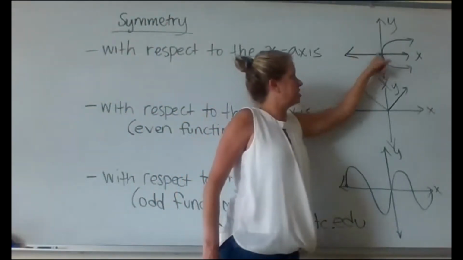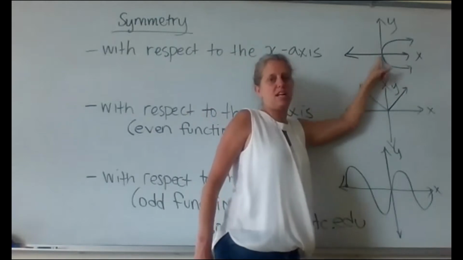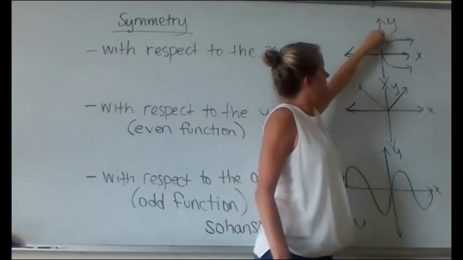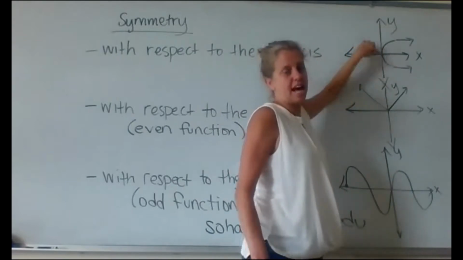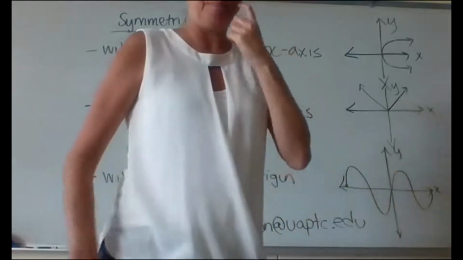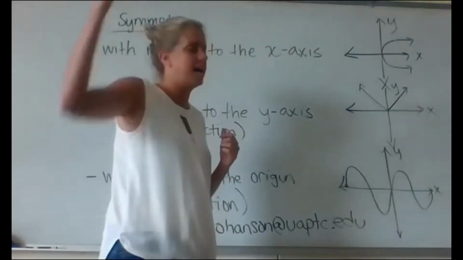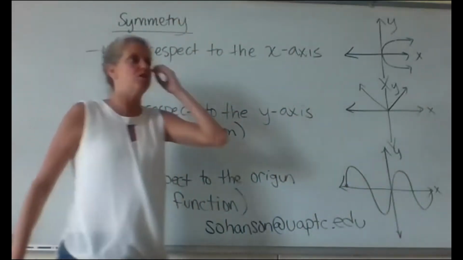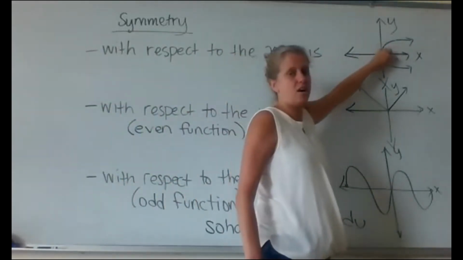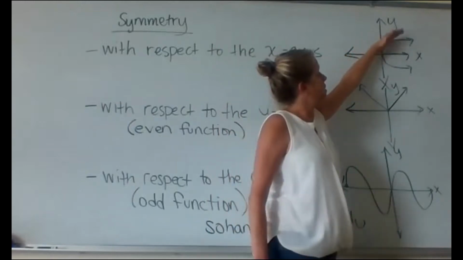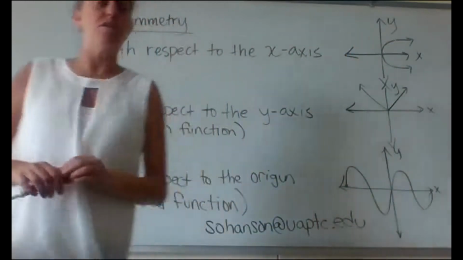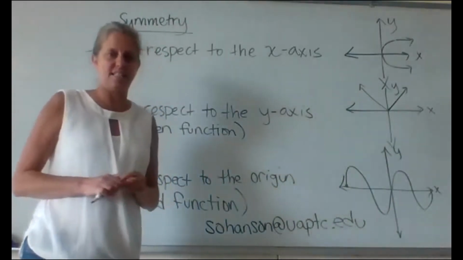Here's my x-axis, the one that's horizontal, that goes straight left and right. Look at the top of the x-axis compared to the bottom of the x-axis. They exactly mirror each other. The top looks exactly like the bottom. Or in other words, if I folded my graph along this axis right here, the top of it would come and lay down right on the bottom of it. That's what it looks like if you are symmetrical with the x-axis.